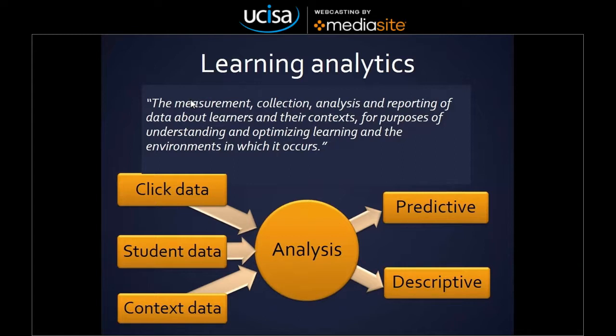Then we analyse it, and the outcomes can be predictive learning analytics, which are on the level of the individual student. That's where we're using algorithms, AI, all these new buzzwords, and the idea is to make interventions for individual students to help with progress, to help with retention, and so on.